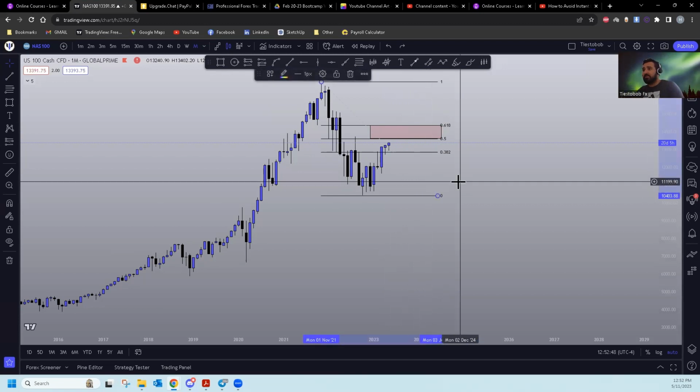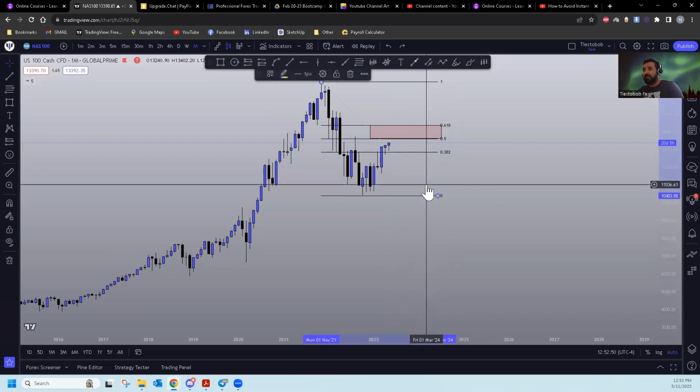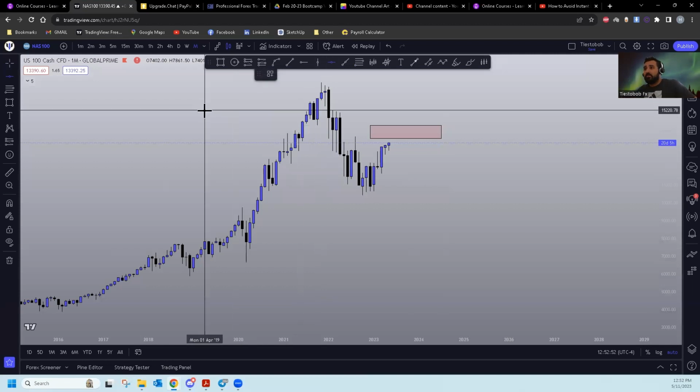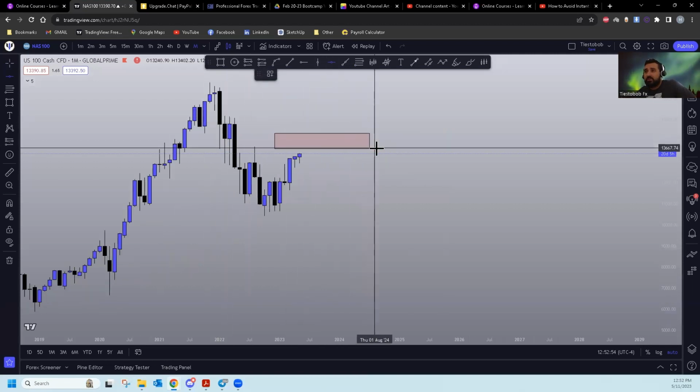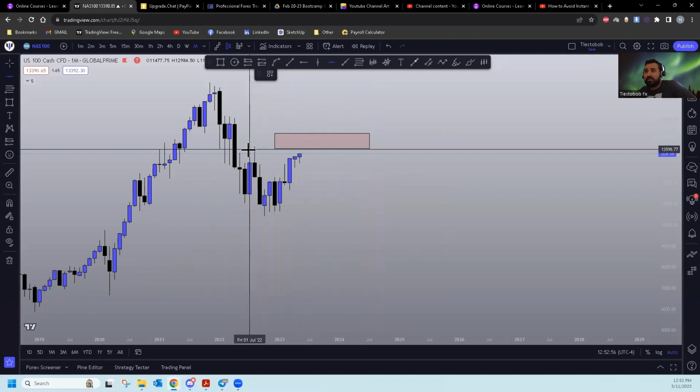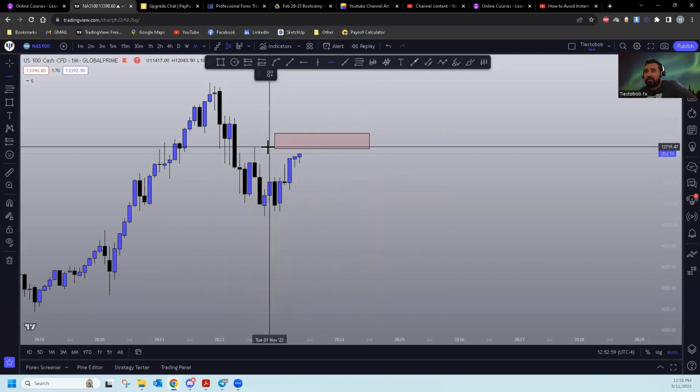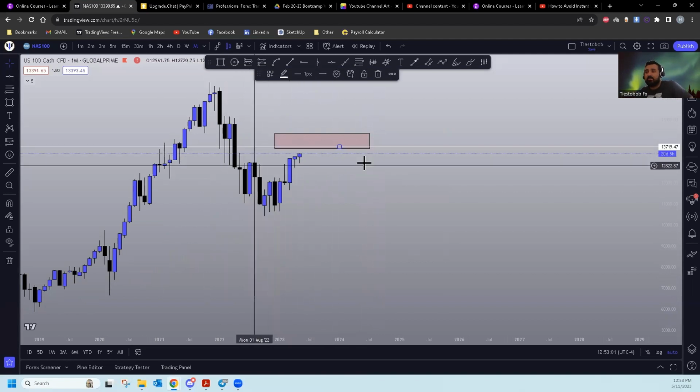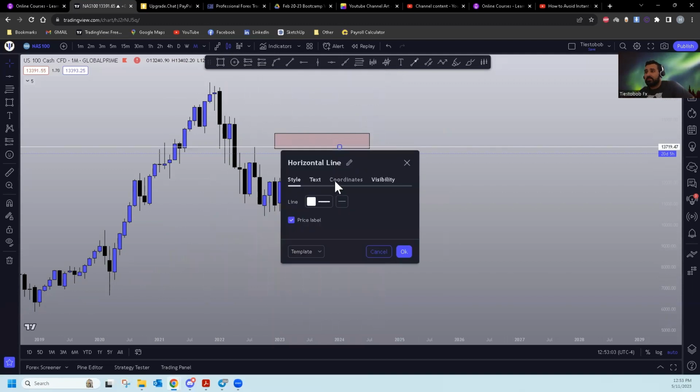So let me just get rid of that for now. If you look at this chart, the first thing you see to your left is this high right here that was formed back in August of 2022. Psychological price level 13,700. We round it down.